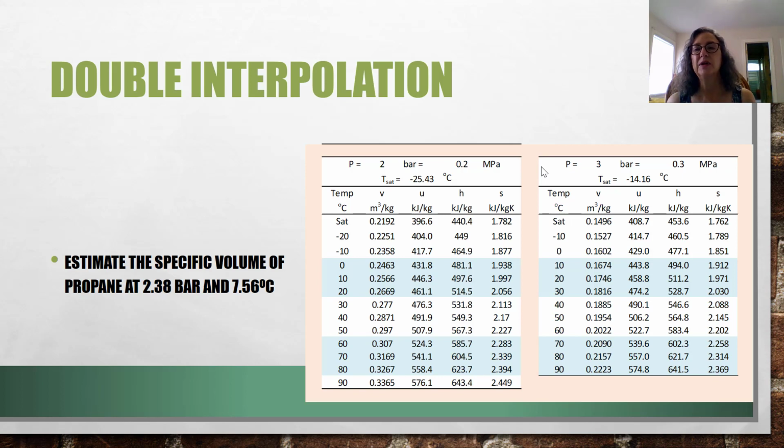And then I would, at 3 bar, estimate what is the specific volume at 7.56 degrees C. Then take those two answers at the pressure of 2 bar and 3 bar and estimate what you get at 2.38 bar, again using interpolation. So that's 3 steps to estimate 2 variables using interpolation.